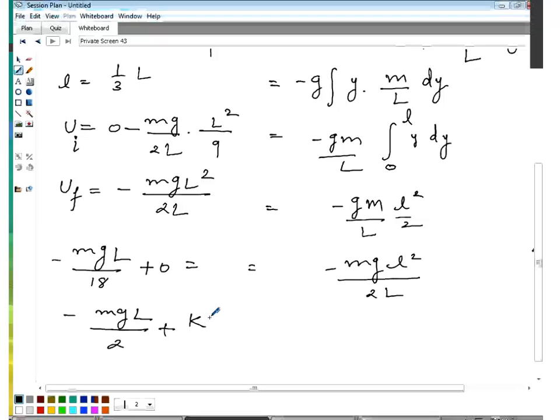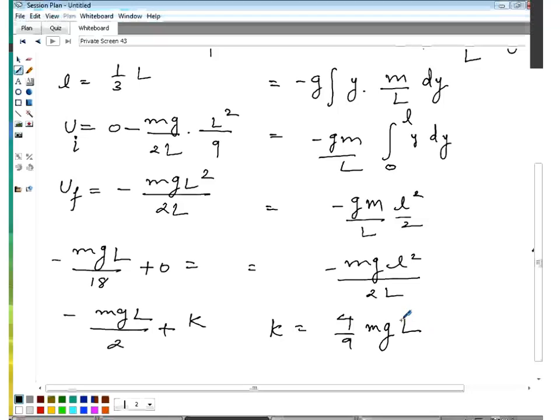Now can you find out K? Well, it should not take so long. The answer I have for K is 4/9 mgL.